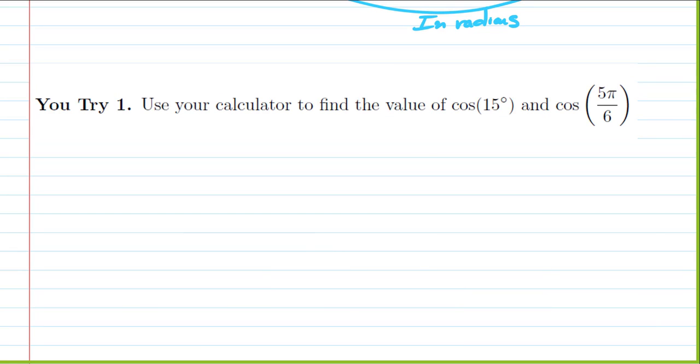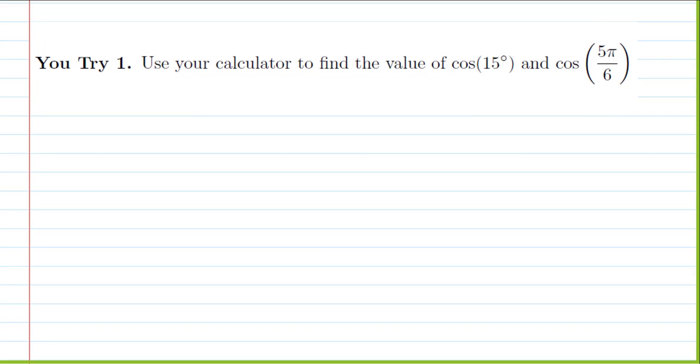If we wished to convert 15 degrees into radians, our conversion factor from degrees to radians is pi radians over 180 degrees.